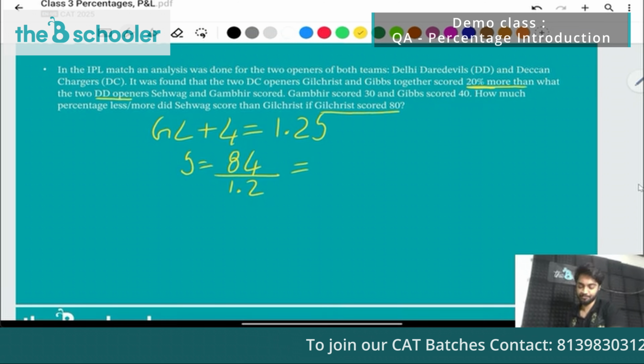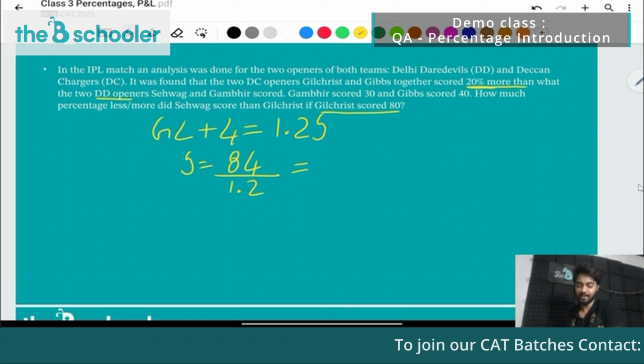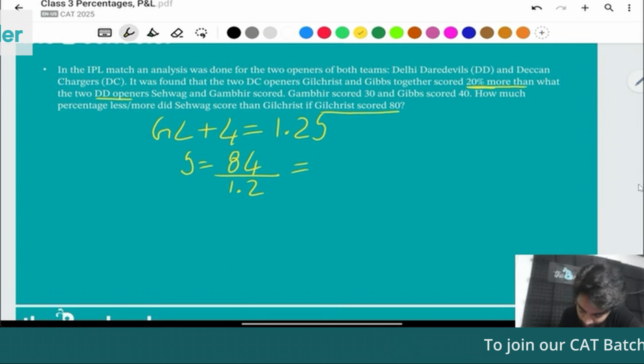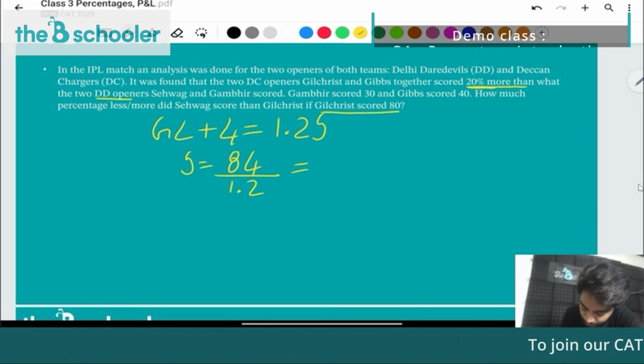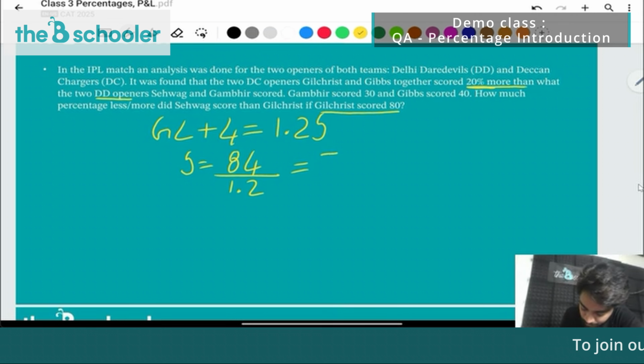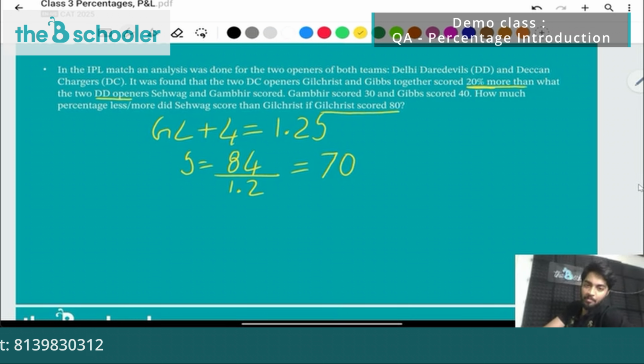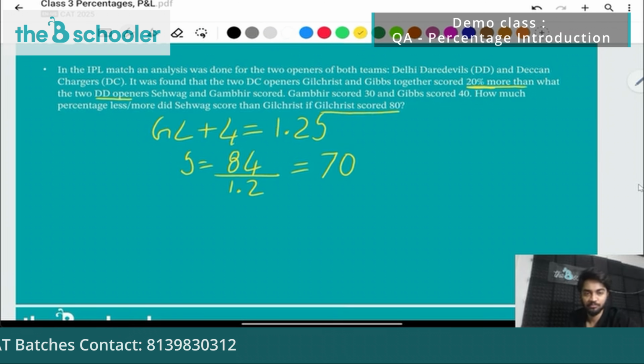Clear or no? Is this clear? So now can I write it as 84 by 1.2? 70, right. 84 by 1.2 is 70.